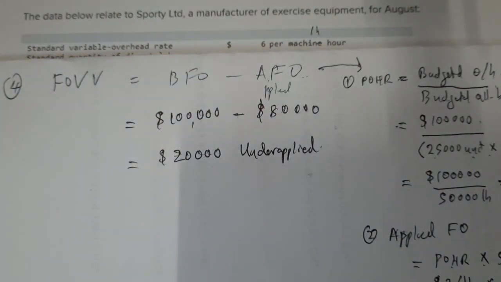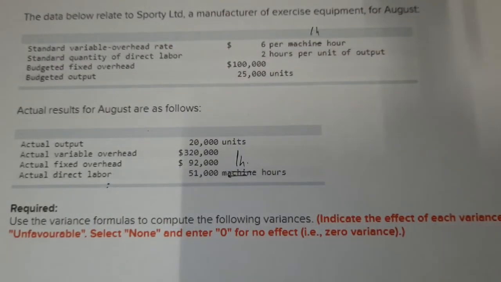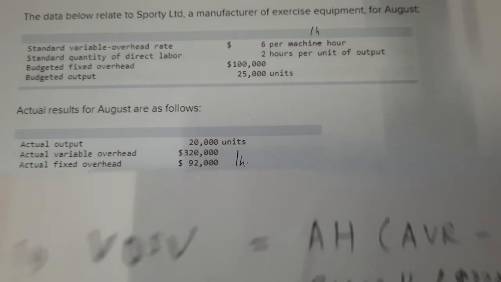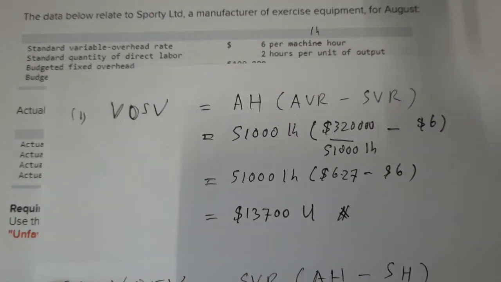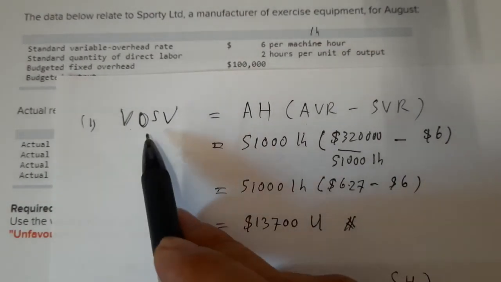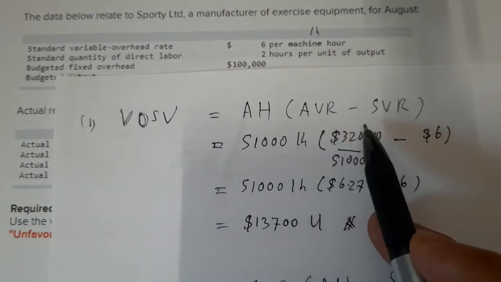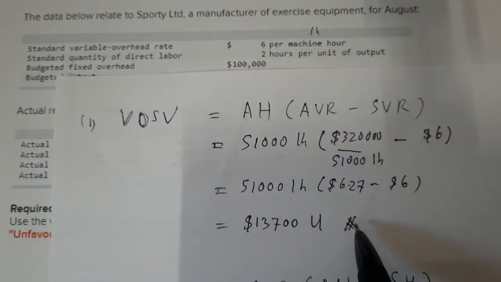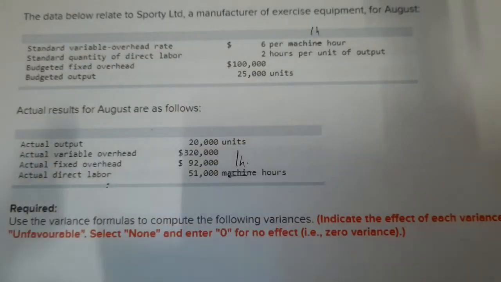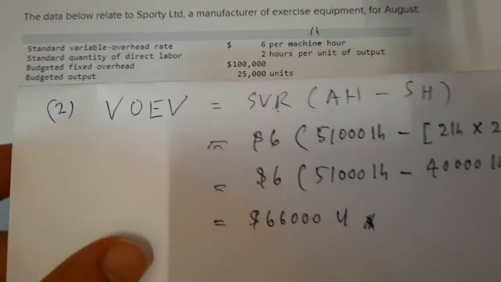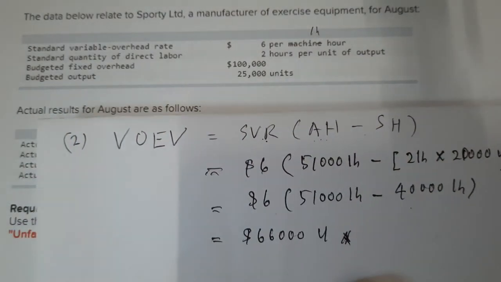I hope this video helps you to know how to calculate variances for overhead. So I just want to show it again. Okay, so to calculate the variable overhead spending variance, you use this formula. Okay, and you will get the answer. And then to calculate the variable overhead efficiency variance, you use this formula.